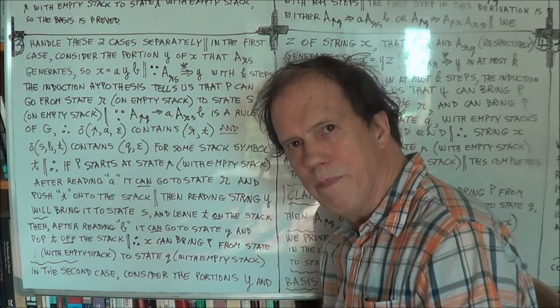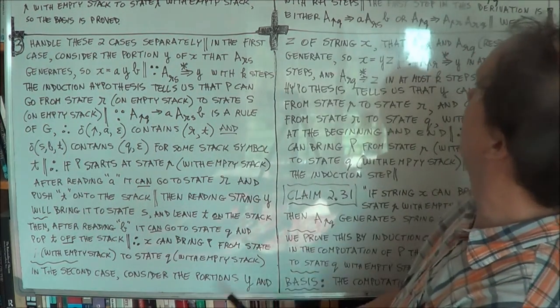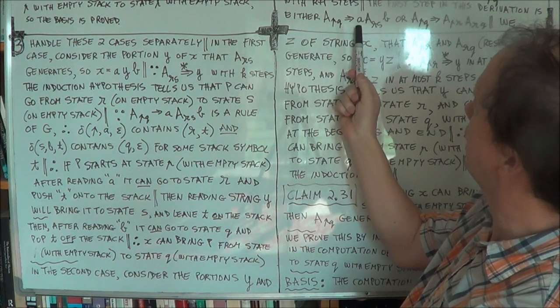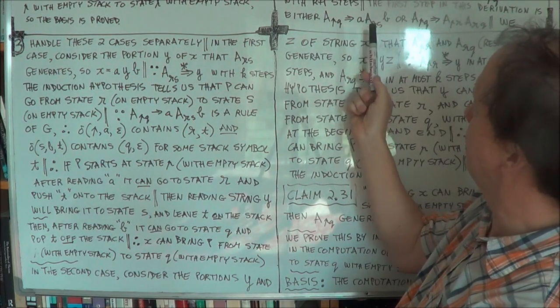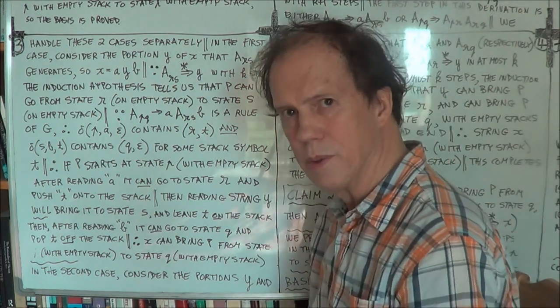You're probably a bit confused about the A, I don't know if you can see it, but the A_PQ going to little a, big A_RS, little b, those kind of rules.